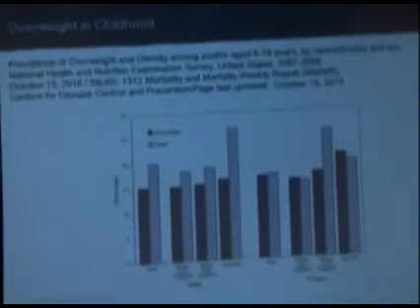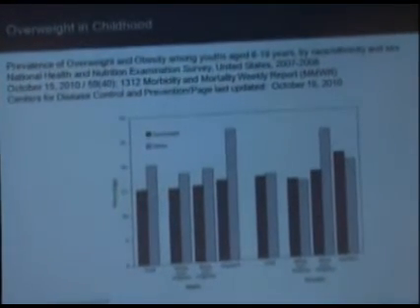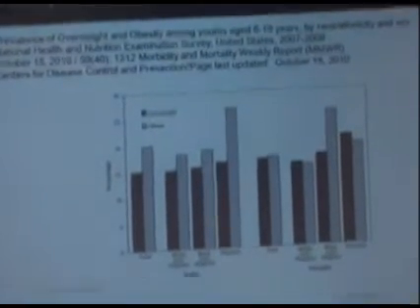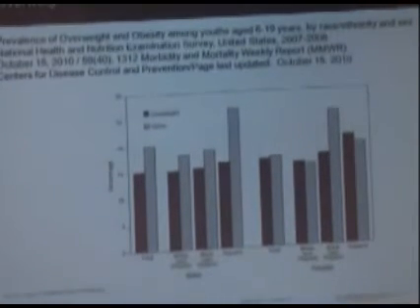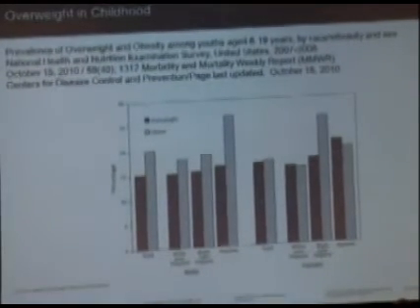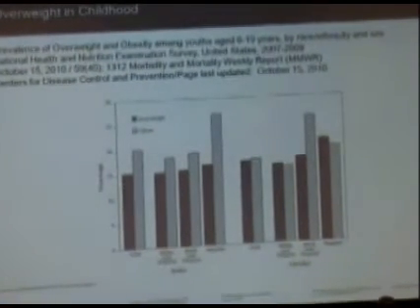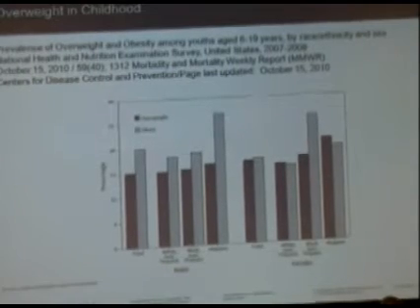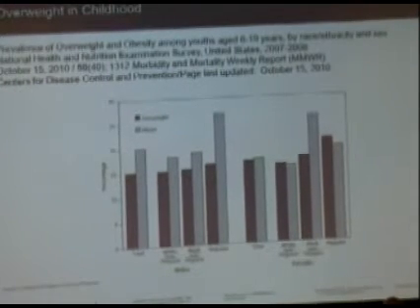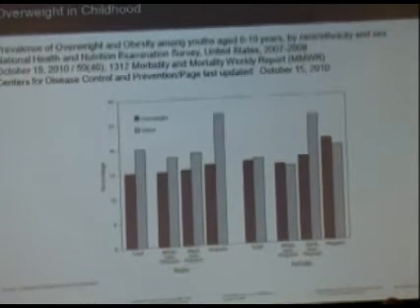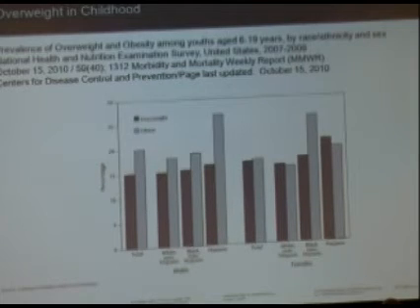And this slide shows some of the most recent prevalences. And what it also demonstrates is that this is not a uniform effect, that there are definitely some racial ethnic groups that are more severely affected than others, and also some differences based on sex.